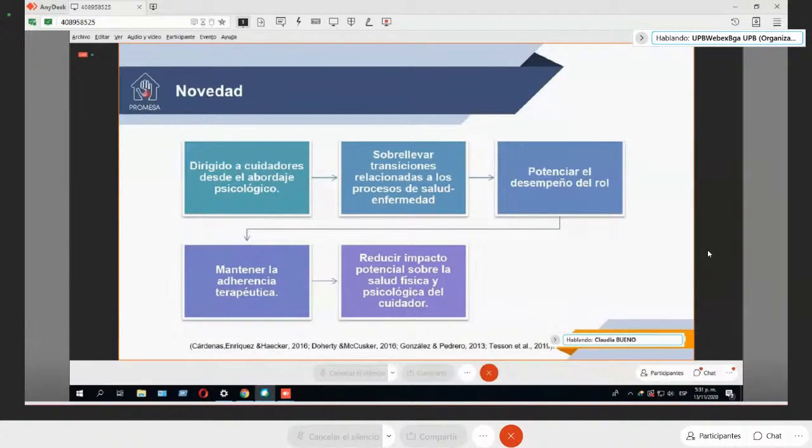So we try to see in a more comprehensive manner the caregiver as that potential support for the diagnosis and treatment of the procedure with the patient.